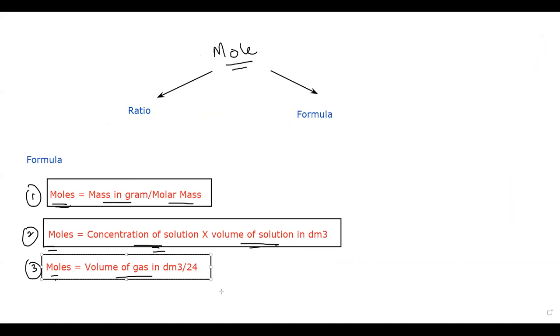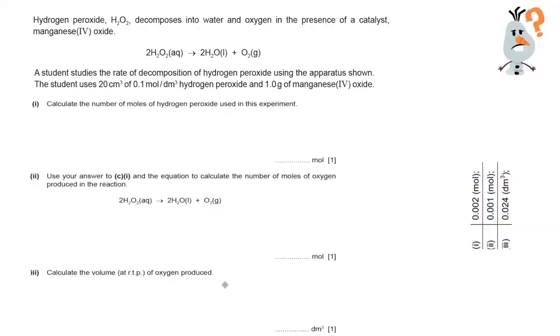As you can see in the first part, they're asking to calculate the number of moles of hydrogen peroxide. Hydrogen peroxide is H2O2. So we have to find what is given to us.